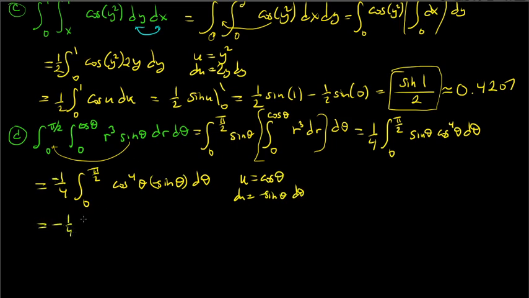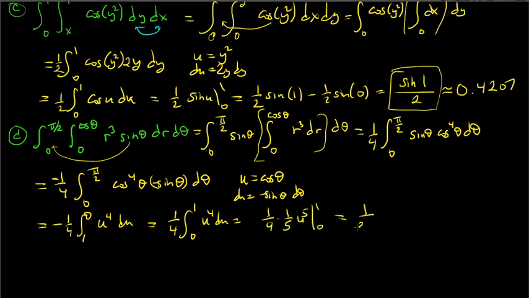So now we get negative 1/4 the integral of u to the 4th du. Cosine of 0 is 1. Cosine of pi over 2 is 0. So, right, if that seems backwards, just switch them and multiply by negative 1. So now we're back to positive 1/4 the integral from 0 to 1 of u to the 4th du, which is 1 over 5, u to the 5, so 1 over 20.